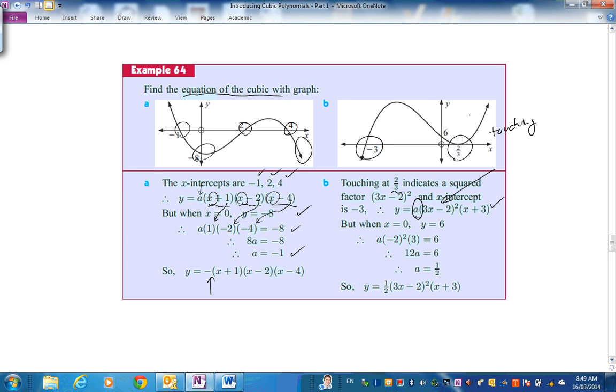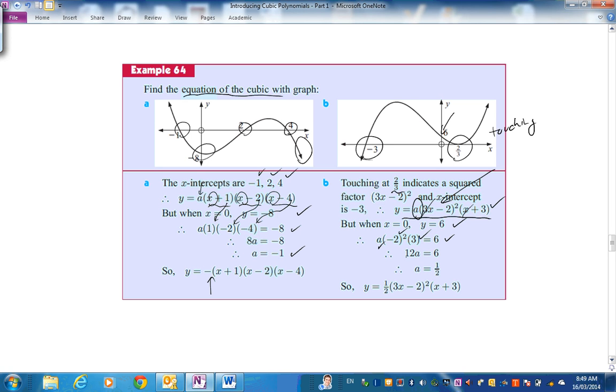Now take a point on the curve. Well, we've been given a good point to use, (0, 6), the y-intercept. So sub that into the function here, our skeletal function if you like. It's a out the front. Put in x is 0, you get (-2) squared. Put in x is 0 here, you get 3. Has to come to 6, the y-intercept.